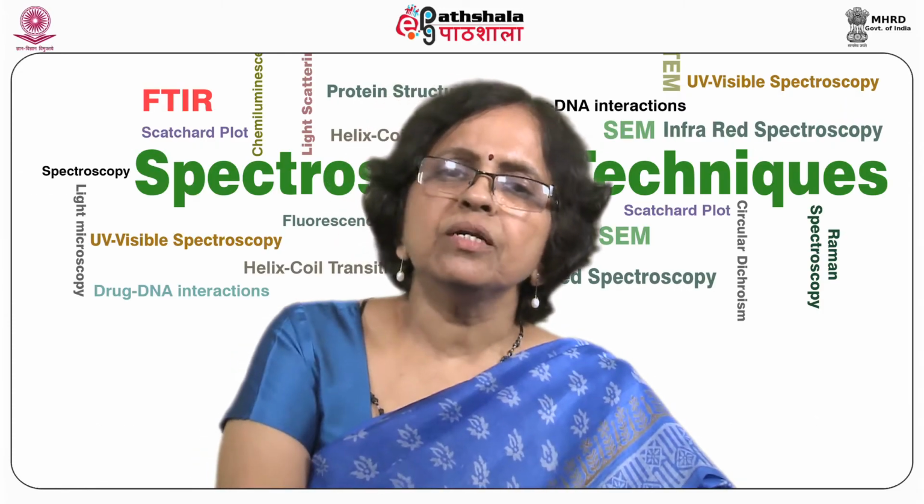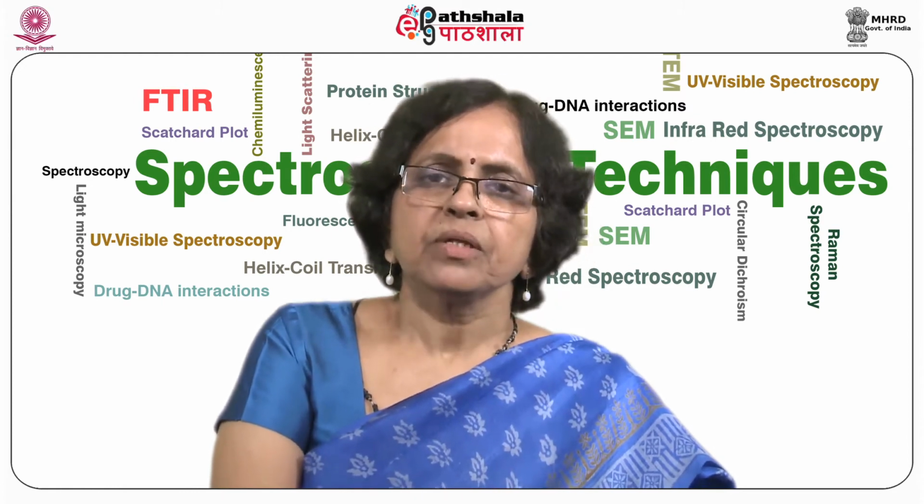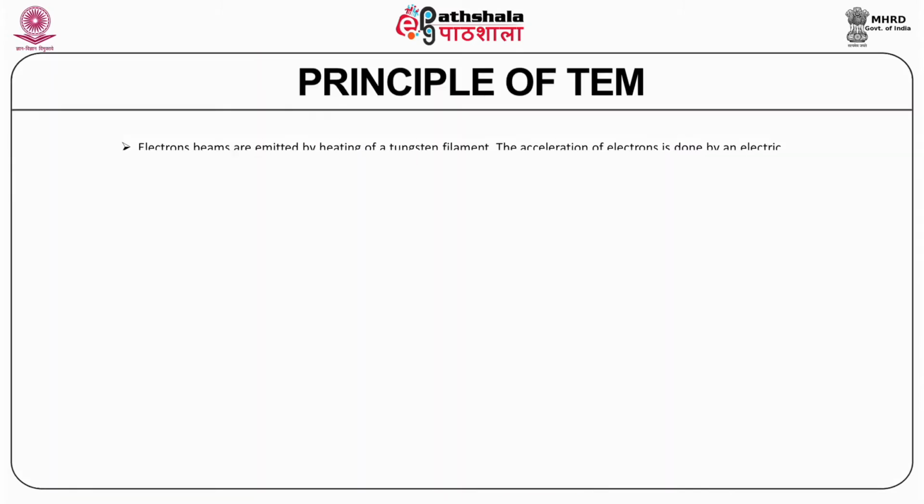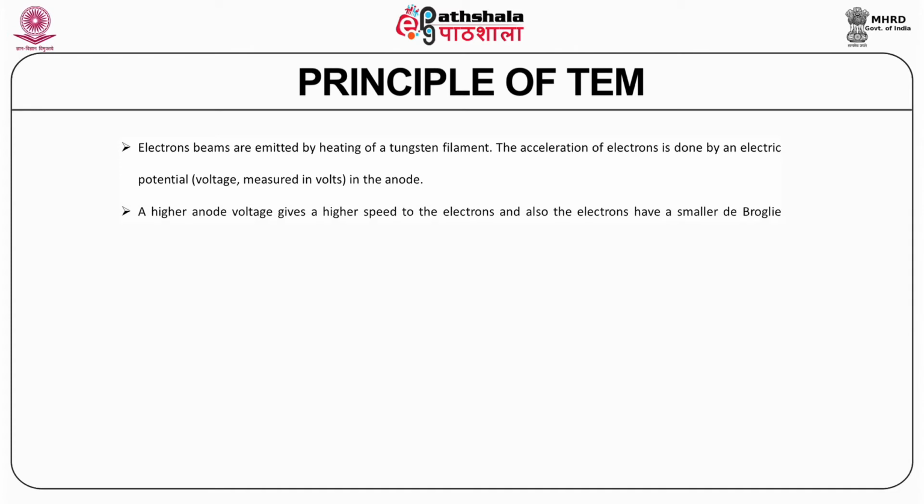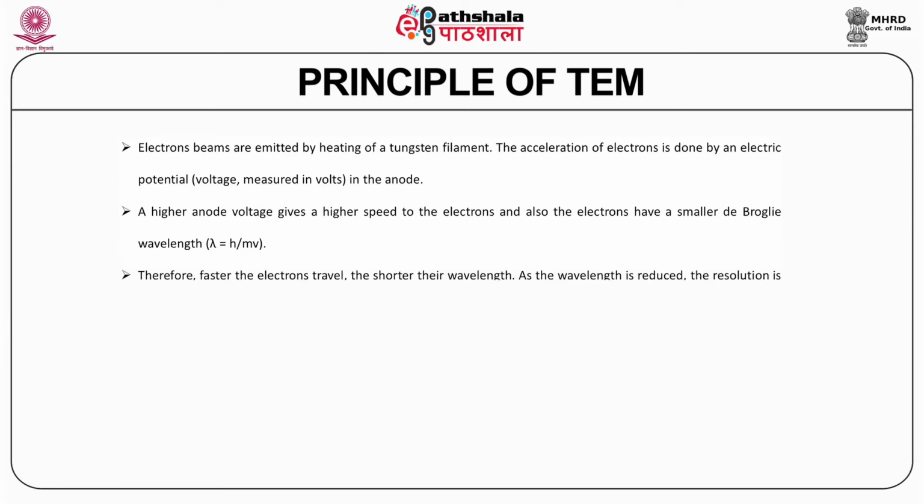If you are using electron beams emitted by the heating of a tungsten filament, the electrons are accelerated by an electrical potential, that is voltage measured in volts, at the anode. A higher anode voltage gives higher speed to the electrons, and the electrons have a corresponding de Broglie wavelength or frequency.